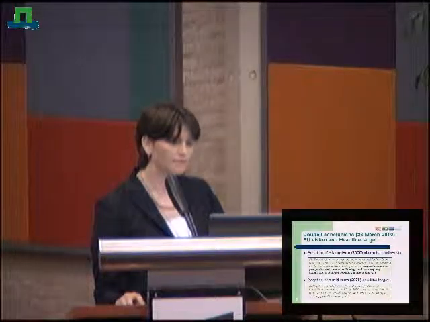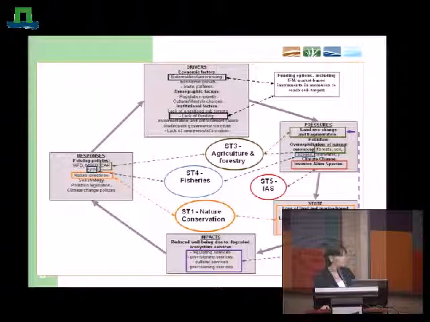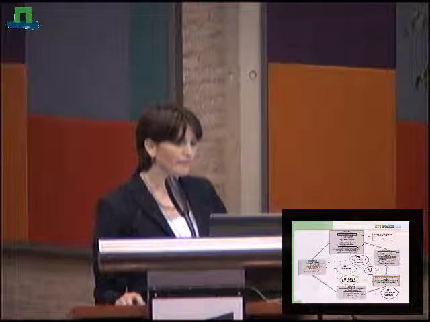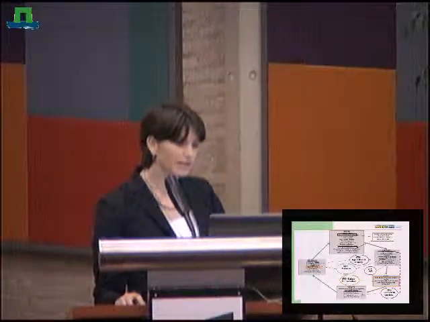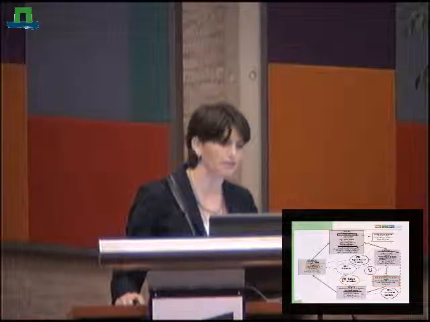This is a bit of a complicated graph. The only thing I want to show on this is the rationale behind the six main targets that are underpinning the strategy. So we focused on the main drivers that lead to biodiversity loss, but also looked at the gaps in legislation. If we look at the main sectors, the Common Agricultural Policy was already existing, the Common Fisheries Policy, and the Nature Directives.